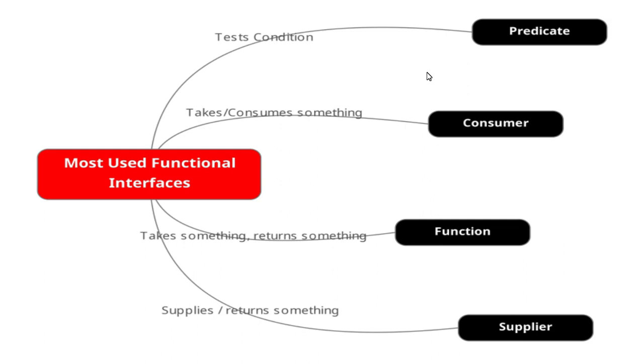We just have to understand what the parameter is and what the return type is for each. Based on our situation, we can use the predefined functional interface, and we can provide a method reference or a lambda expression.